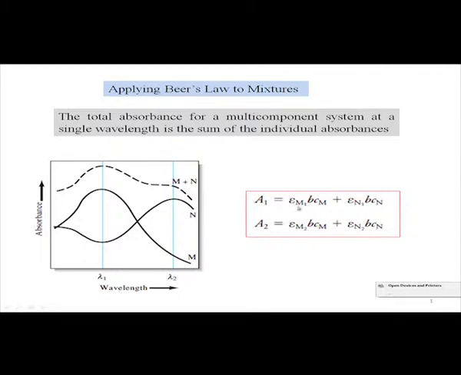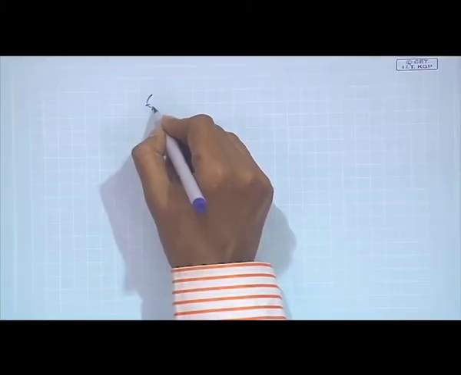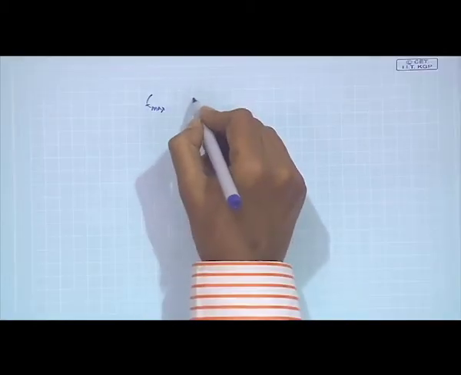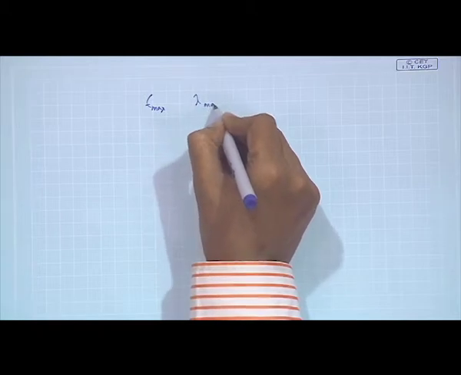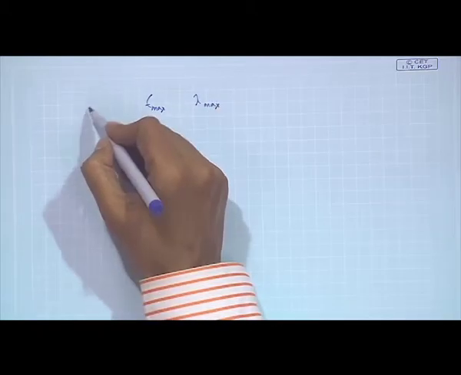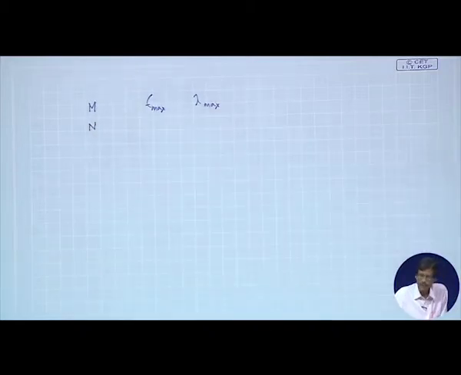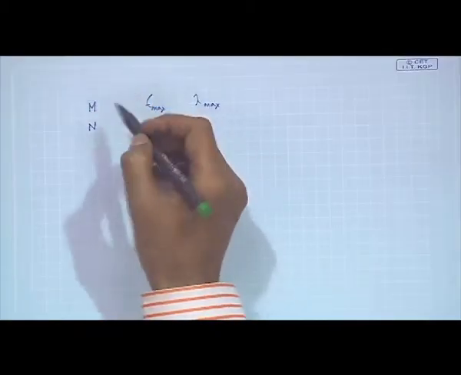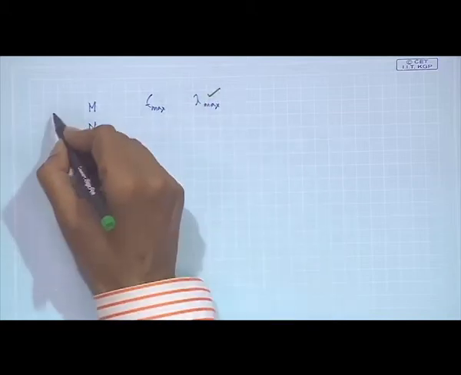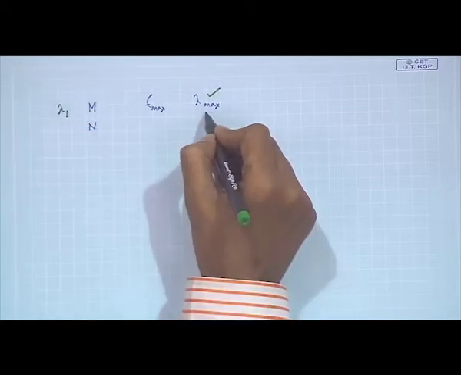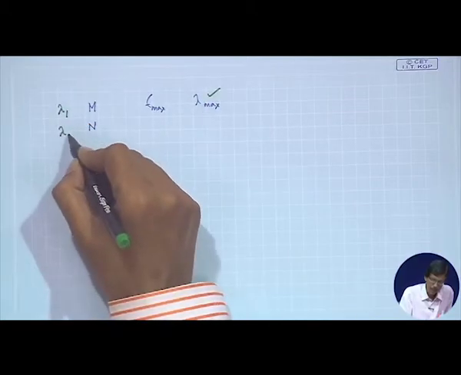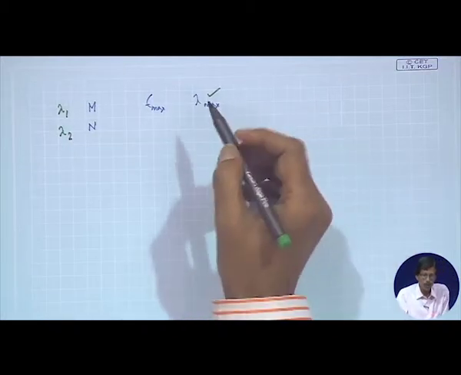So, what we should know now, because earlier we were talking about the corresponding lambda max values related to your epsilon max values, if your species M is there and if your species N is there, and if M has a corresponding lambda max at lambda 1 and N has a corresponding lambda max at lambda 2 only.